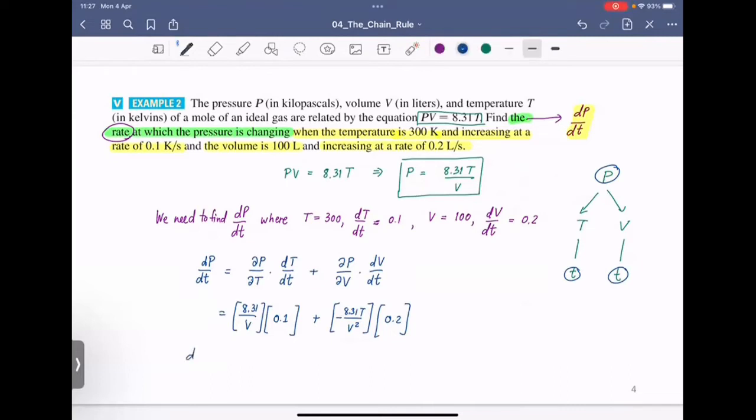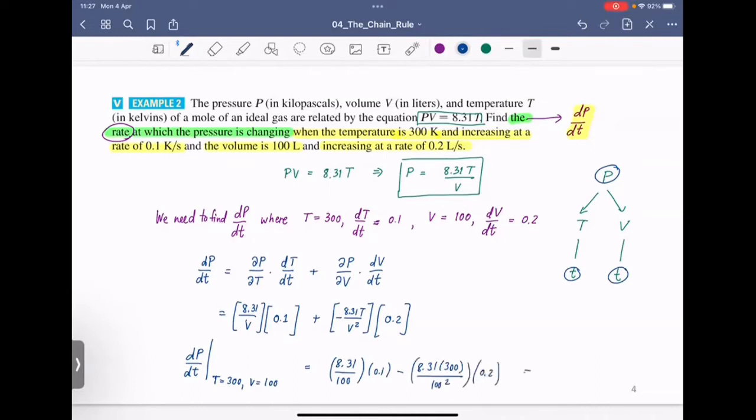And then now you can do dP/dt and evaluate when T equals 300 and V equals 100. You plug in all the numbers, so you're going to get the answer now. 8.31 over 100 times 0.1, and then plus, okay, use the minus here, negative 8.31 times 300 over 100 squared, times 0.2.